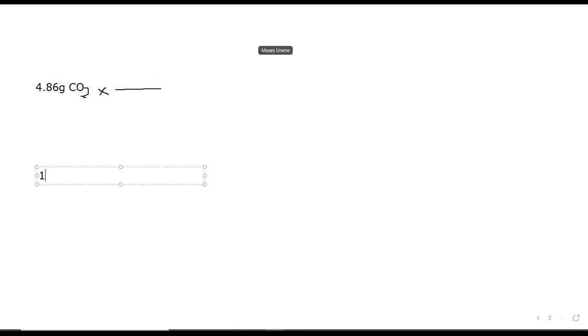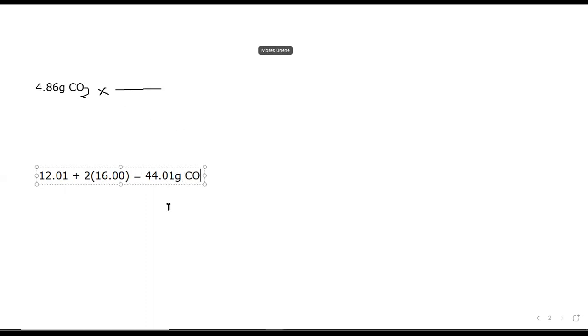Carbon has the atomic mass of 12.01. And then we have the oxygen. There are 2 oxygen atoms, and each is 16.00. So when you add them, it should give us 44.01 grams of CO2.